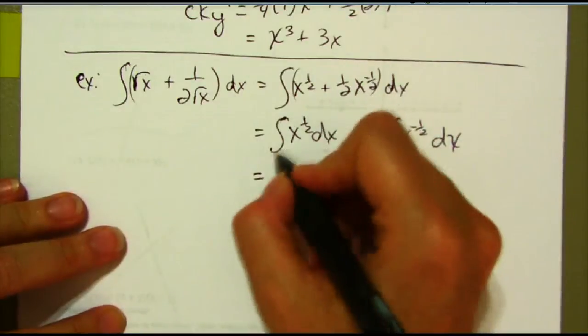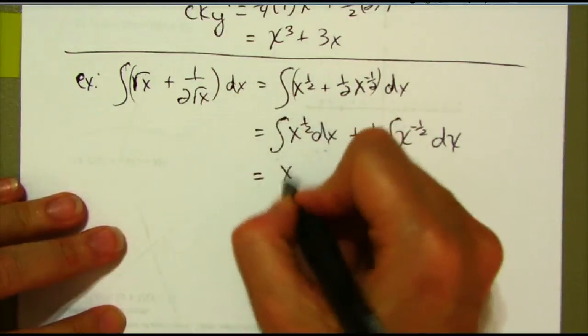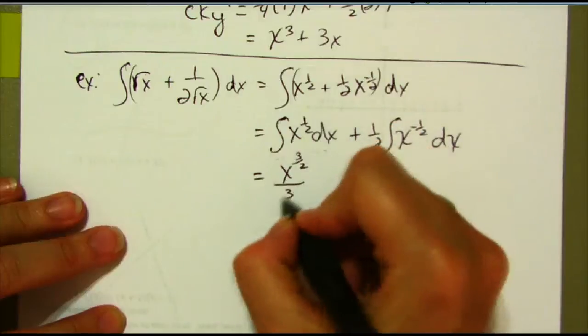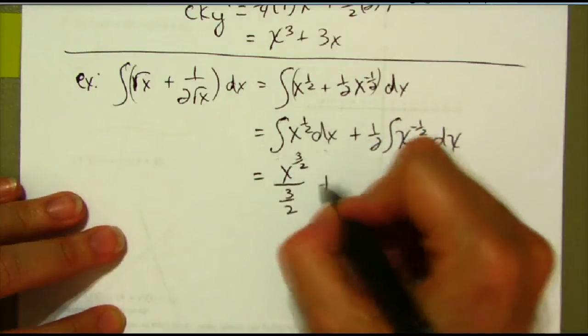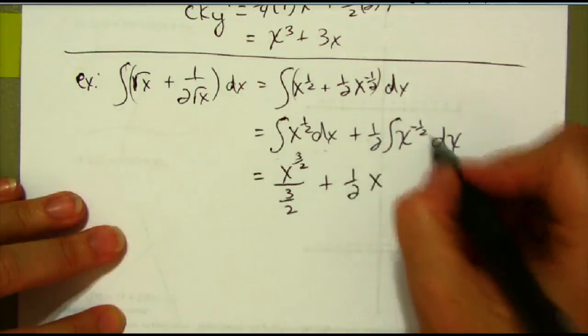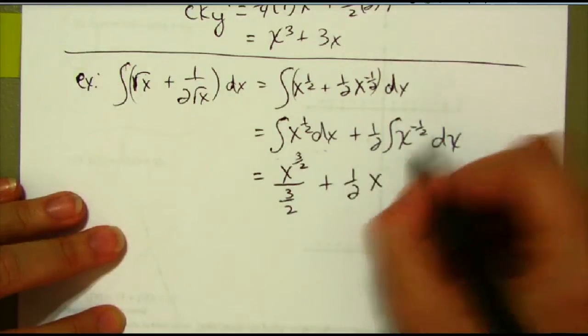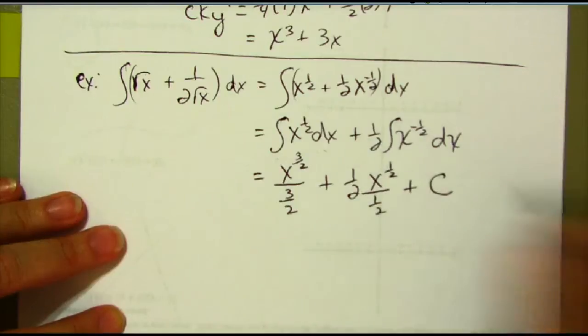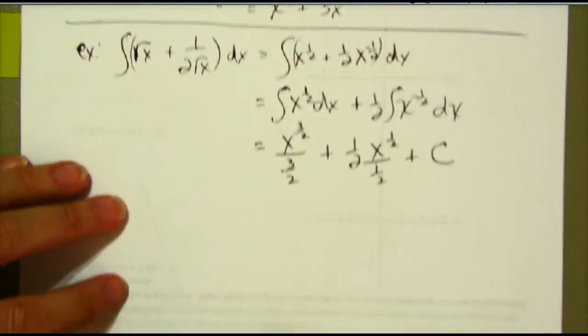So now I'm going to go ahead and take the antiderivative, write down the x, increase this by 1, divide by that exponent, plus, write down the 1/2, write down the variable x, increase negative 1/2 by 1, that would be 1/2, divided by 1/2, plus all I need is one constant of integration. Let's go ahead and clean that up a little bit.